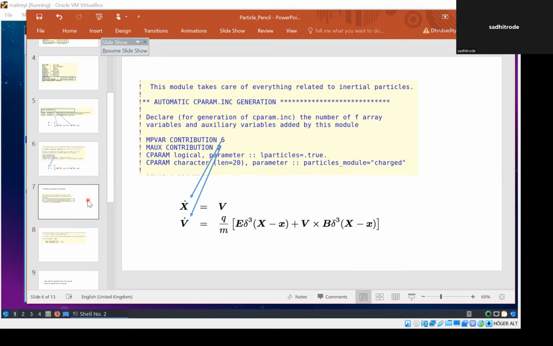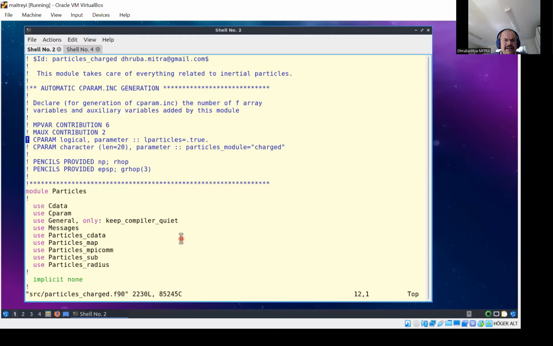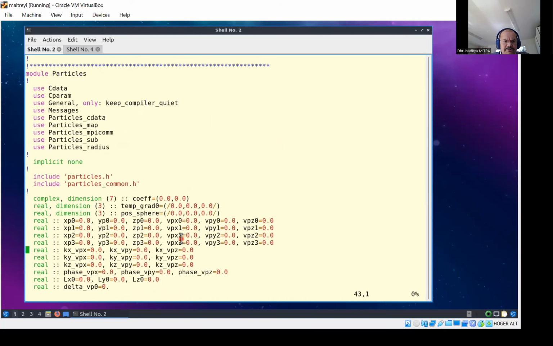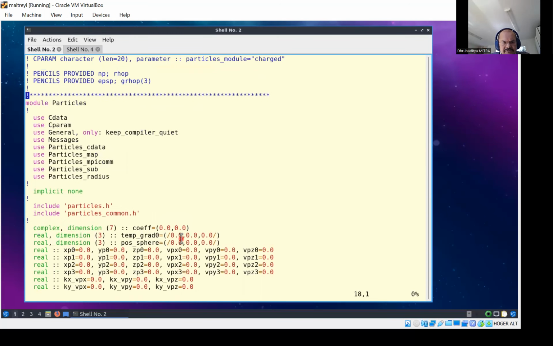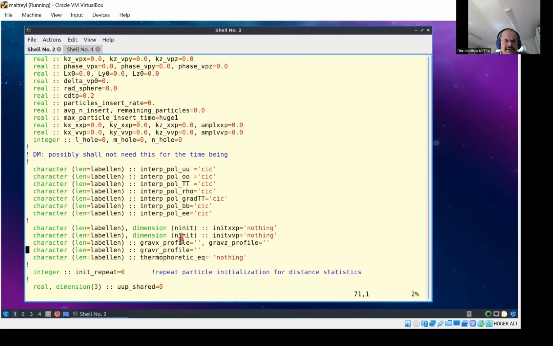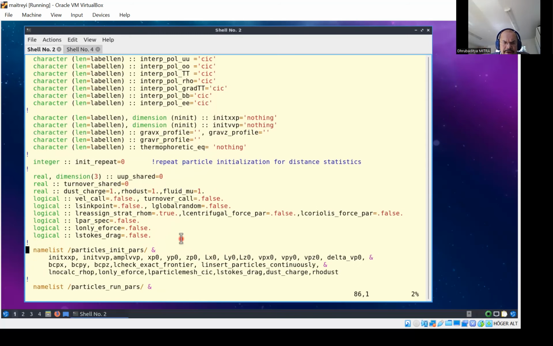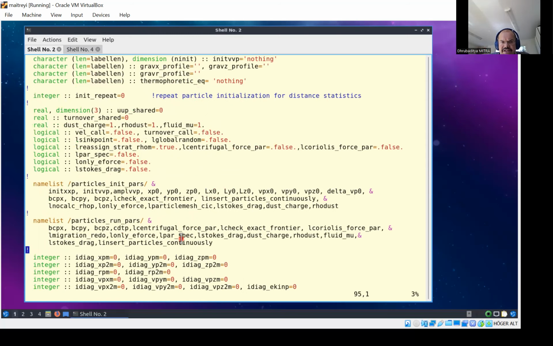Yes, thank you. Okay, so now let's slowly walk through the particle charge module. Some points I'll be fast, some points I'll be slow. So stop me and ask any question. Let's just read this. Okay, so module particles, fine. And then various things go on, lots of parameters, and so on. Basically this is copied from the other dust modules and then changed.